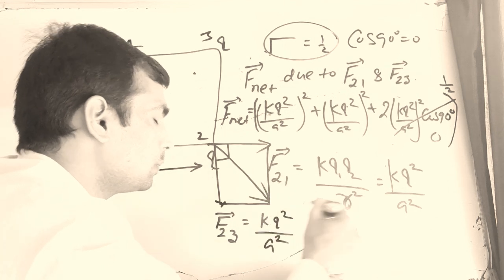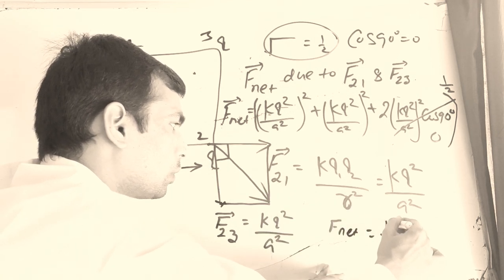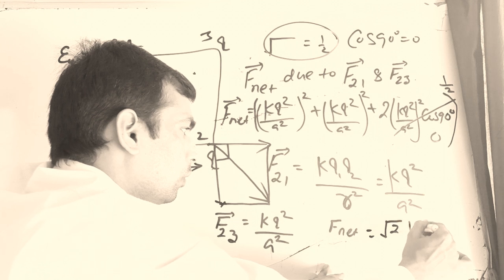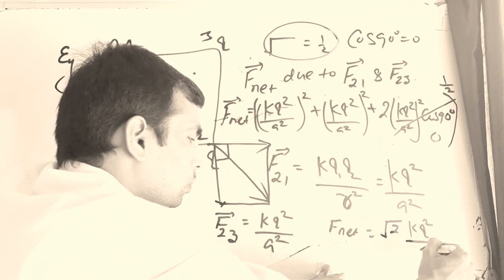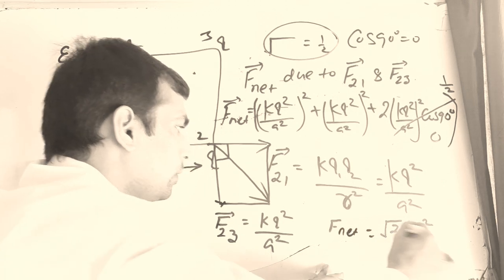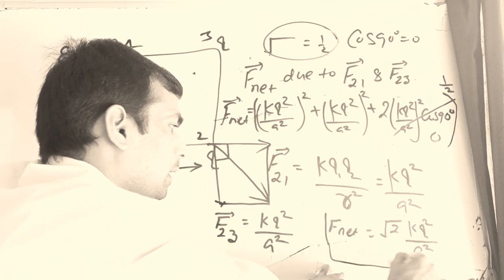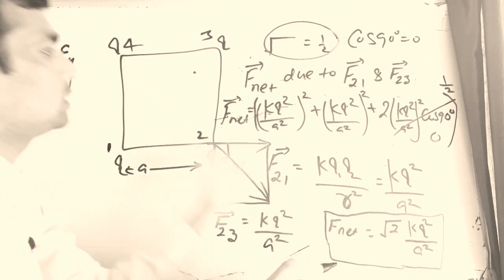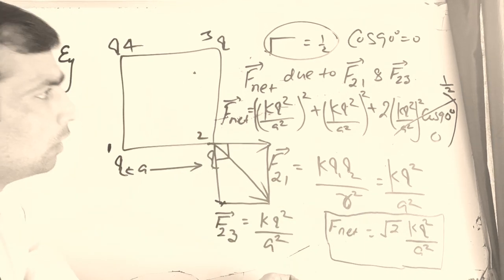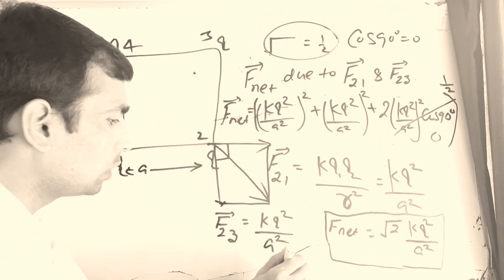F net due to this pair of charges is root 2 kq² upon a². So student, take a screenshot.